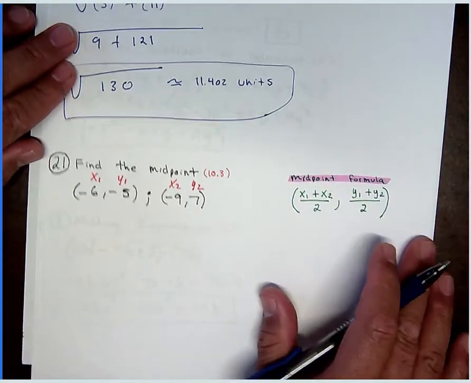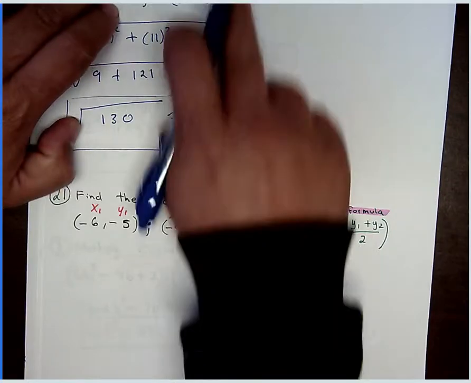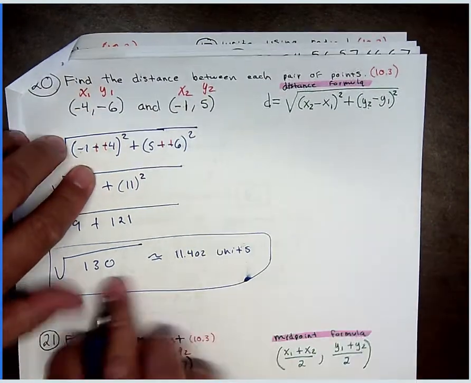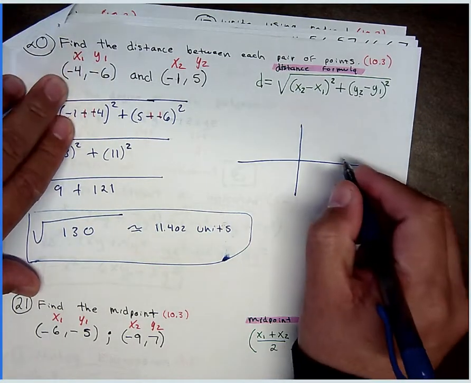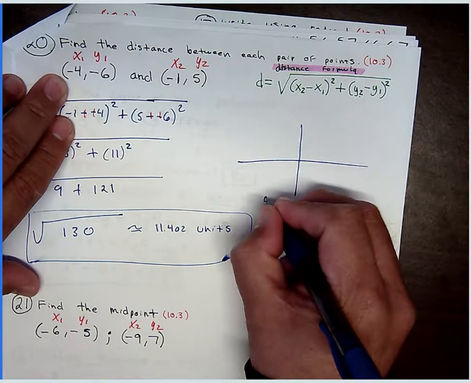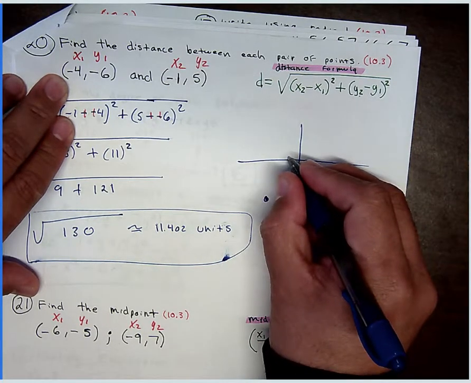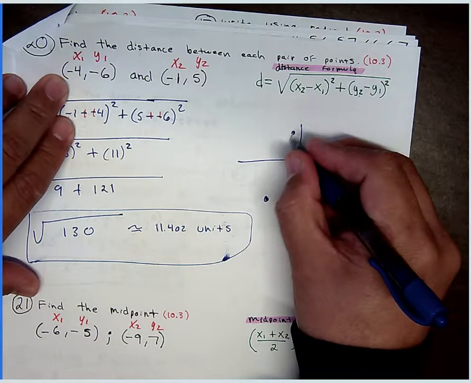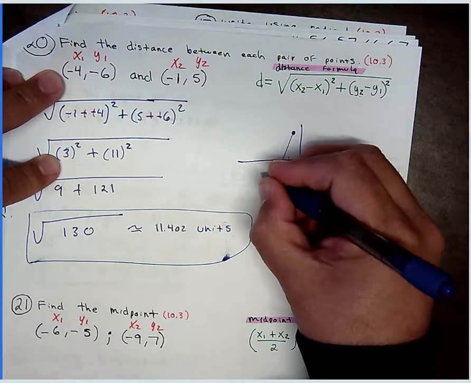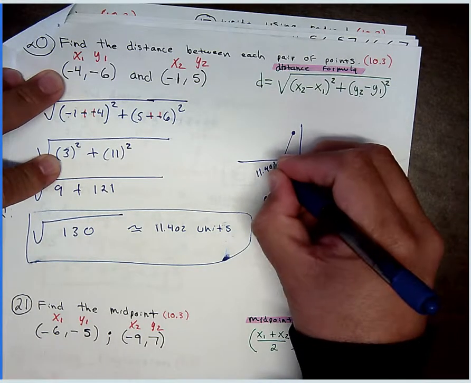That's the distance between those 2 points. If you plot them in the coordinate plane, that's the distance between them. I'm just sketching, but this would be 4.02.